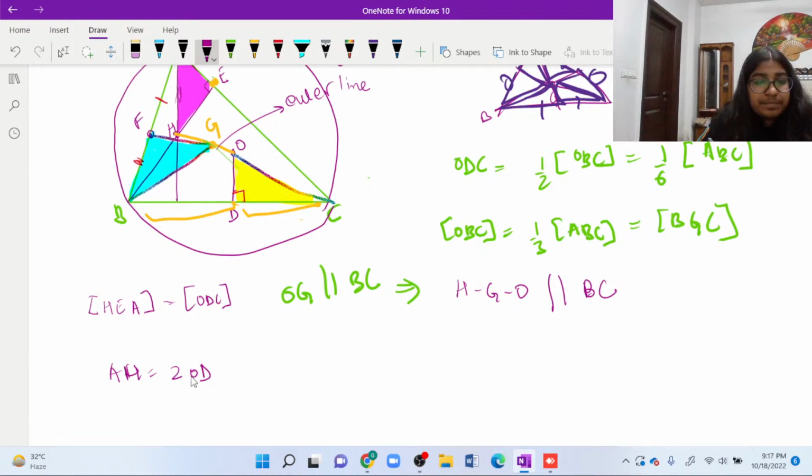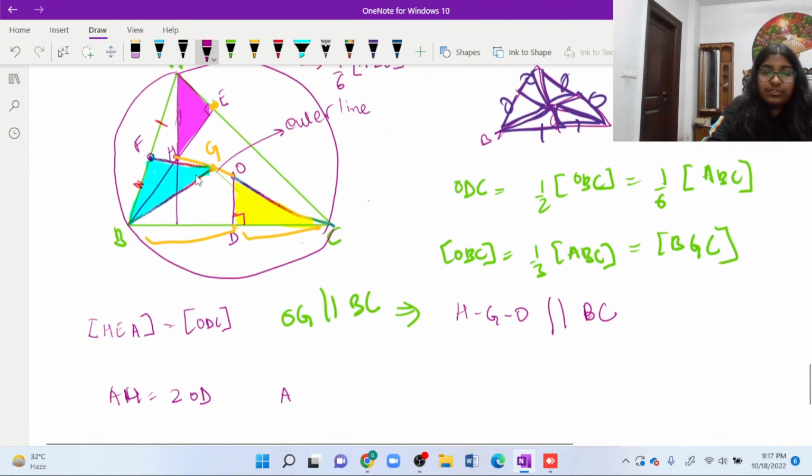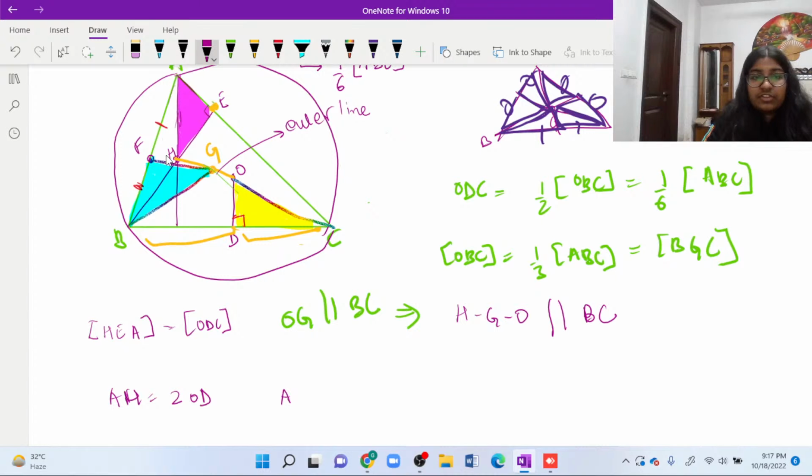And we know that HO is parallel to BC, and G divides the line AD in the ratio 2:1. So H also divides it in the ratio of 2:1. So technically HOD is a rectangle, because let this be X. So HX is just half of AH, which is OD. So that's a rectangle.